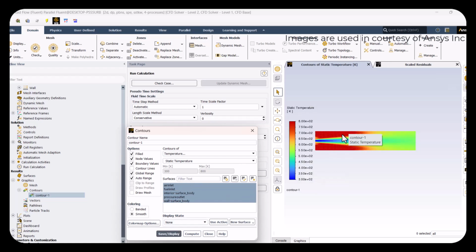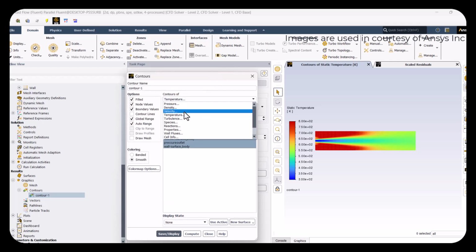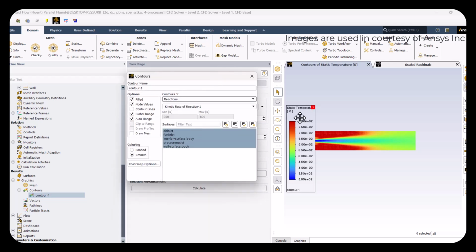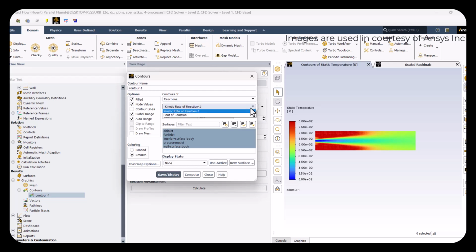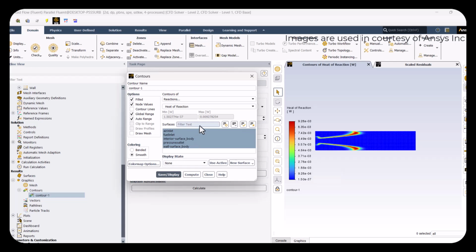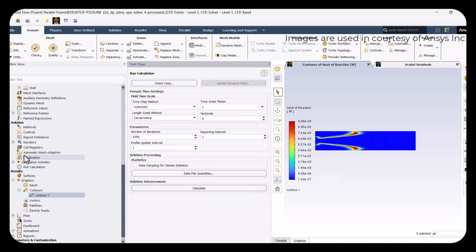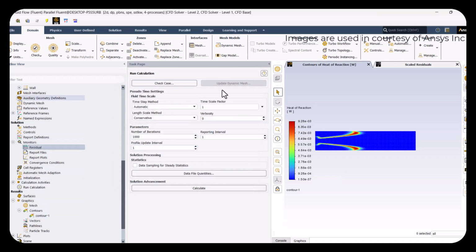So the temperature is a bit huge now. The reaction rate is also a good amount, and maybe you can also see how much heat of reaction is added. So you can see heat is added, but I can let it run for more time also.